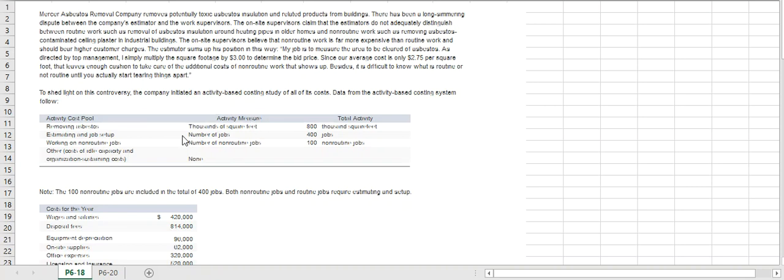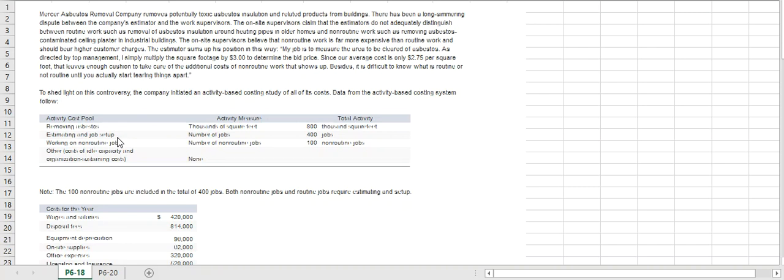And here's the activity measure that they use in those. So thousands of square feet. When they remove asbestos, they're going to cost that by the square foot. For each square foot that they remove asbestos, it costs them X number of dollars. Estimating and job setup, they cost that out by the number of jobs because they probably have to do this one time for each job.